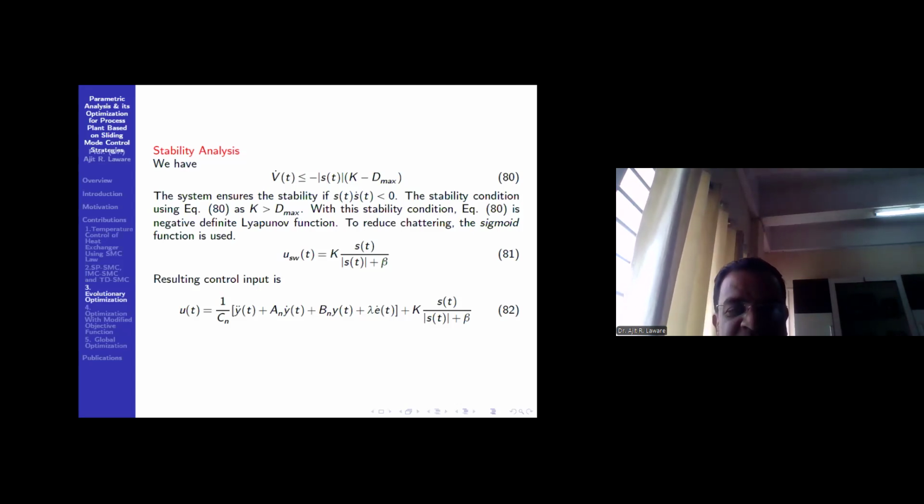Second one is a sigmoid function like k s of t divided by mod of s of t plus beta, and third one is a tangential hyperbolic function as k tanh s of t divided by beta or omega. If you use the sigmoid or tangential hyperbolic function, that is only for reducing the chattering, and the resulting control input is u of t given by equation 82. So the first term up to k is nothing but the equivalent control, and the final term is the switching term.